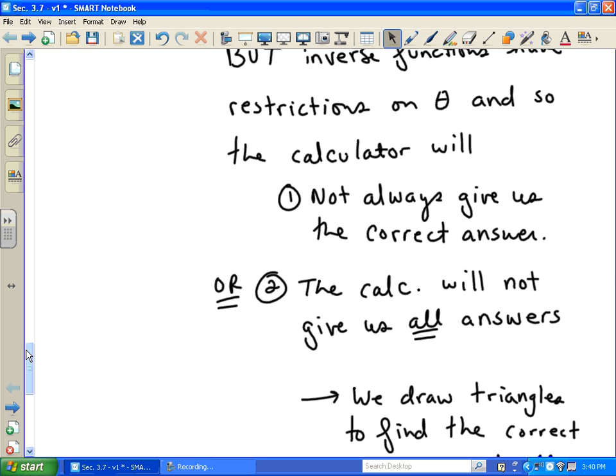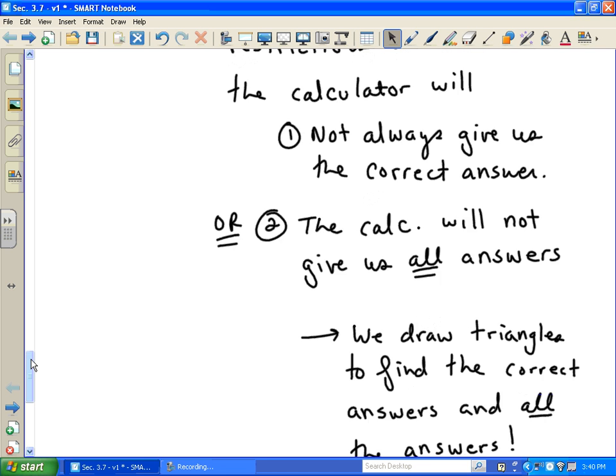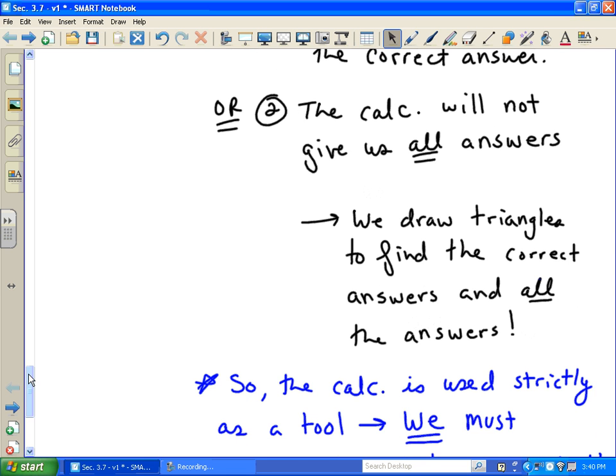Number two, the calculator will not always give you all the answers. In other words, if I'm supposed to be doing a problem like I showed you above, where I needed an answer in quadrant 1 and quadrant 2, the calculator may only give me the answer in quadrant 1. So I am the one that has to draw triangles based off of what my calculator has told me, so that I make sure that I have all the correct answers.